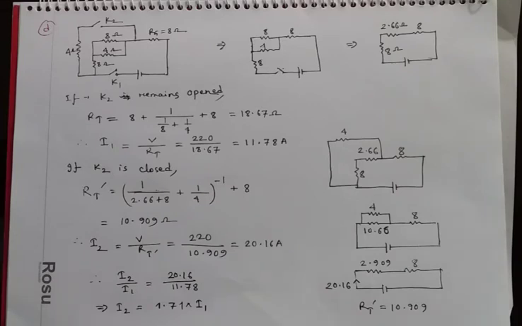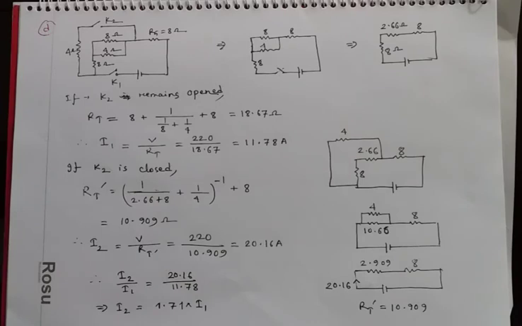So here the main current is 11.78 amps, and as these three are in series, every resistor will have current 11.78 amps. So the current across the resistor R5 will be 11.78 amps. This is the current when K2 remains open.